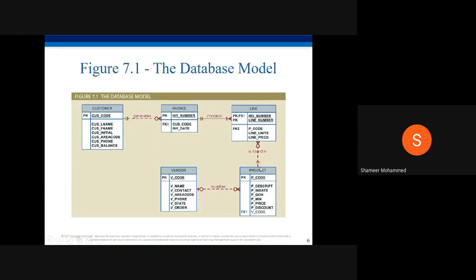Each line contains some products. These products are supplied by a vendor, one to many. You will learn all these details later, but right now understand this is the abstraction. So we are going to create the customer table, we are going to create the vendor table, like that.